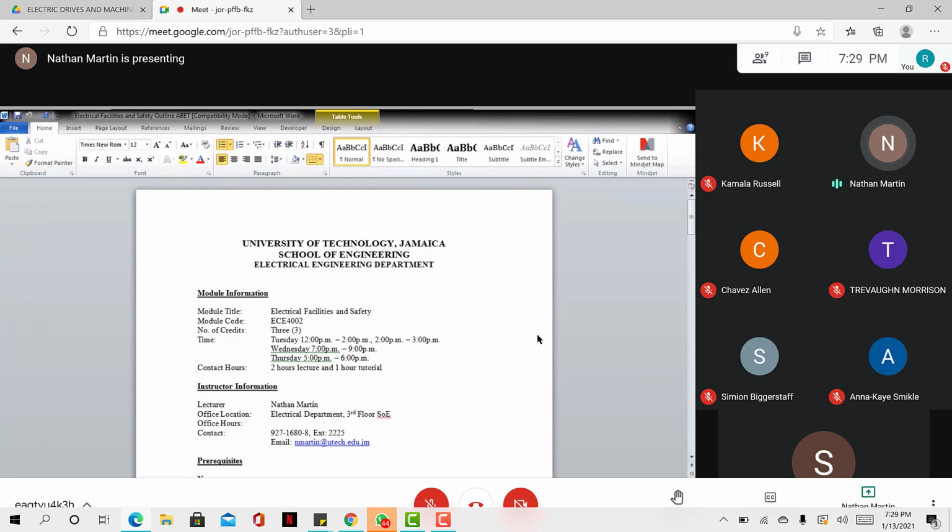You should see it populated with the modules that you confirmed, right? Now, when you click on a module, you will see some persons are using Moodle, but because of the instability of Moodle, I have put a link in there to the Google Classroom and to your UTech live sessions, which you are in now, right?